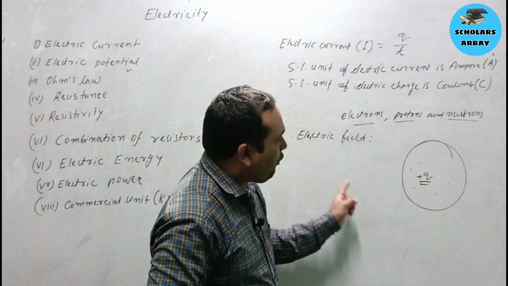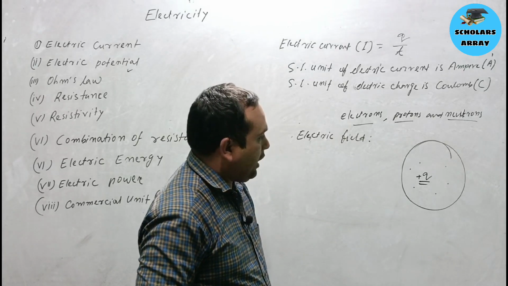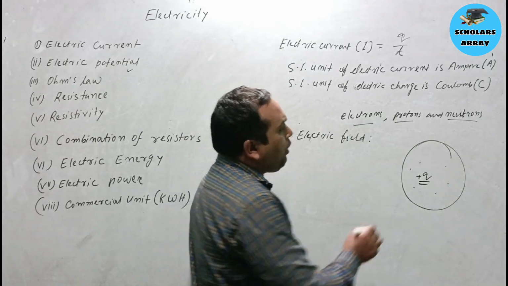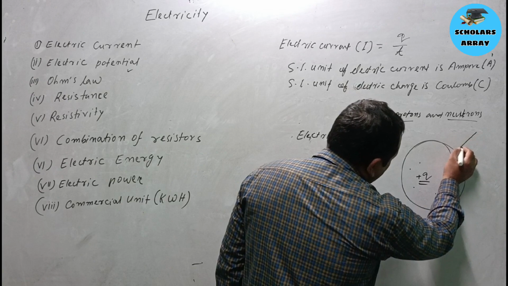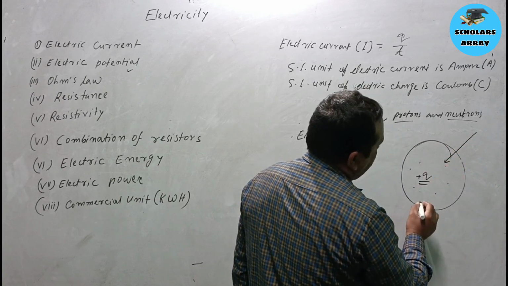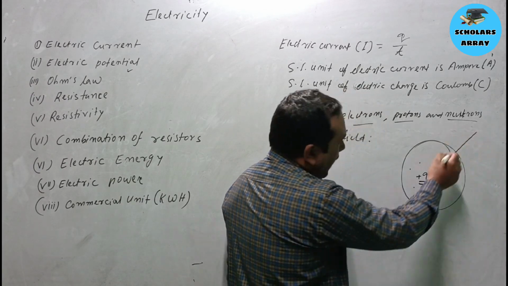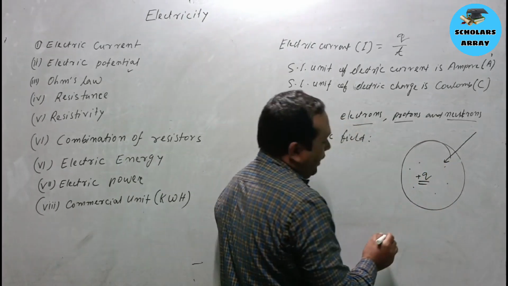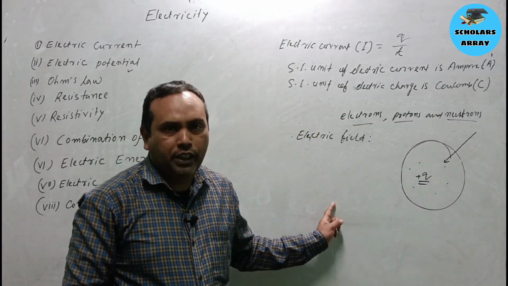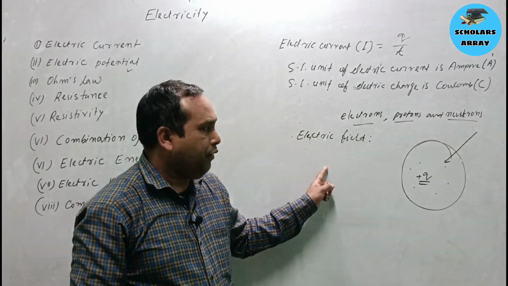So how will we define electric potential? The amount of work done in bringing a unit positive charge from infinity to any point in an electric field is defined as electric potential at that point in the field.